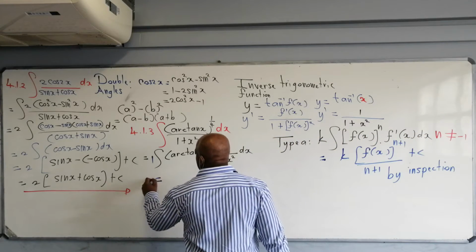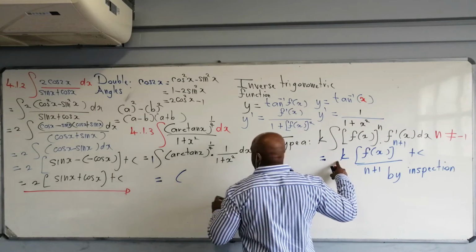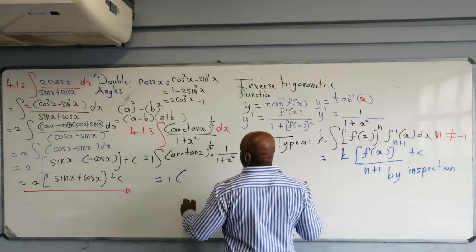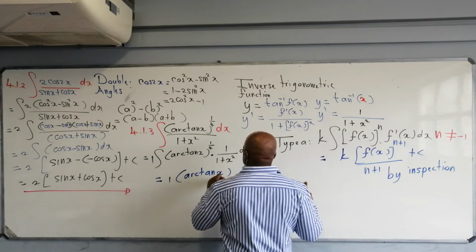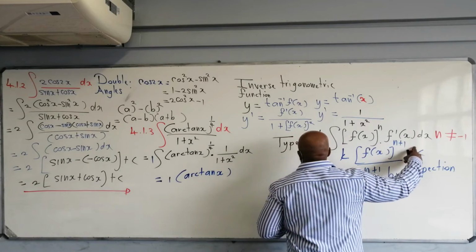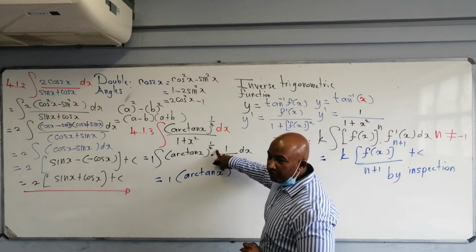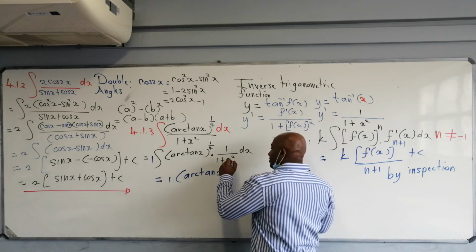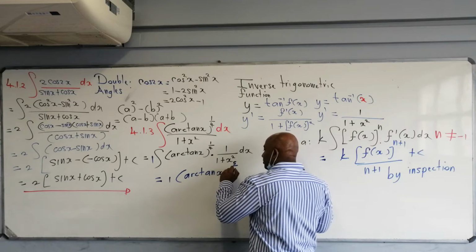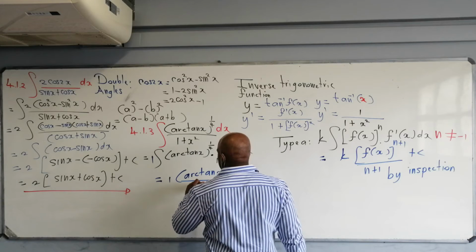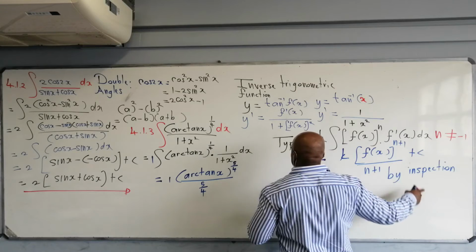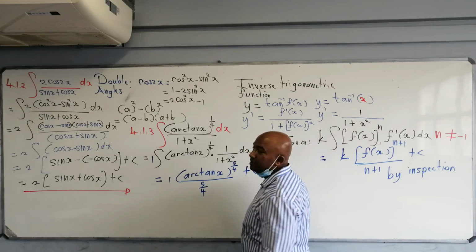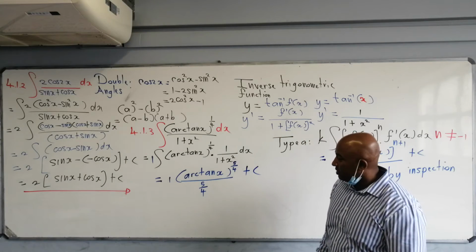This is going to equal k, which is the 1 there, times f of x, which is arctan x, to the power n plus 1. So you're going to go 1 over 4 plus 1, which is 5 over 4, all divided by 5 over 4. And I'm done. Plus c.